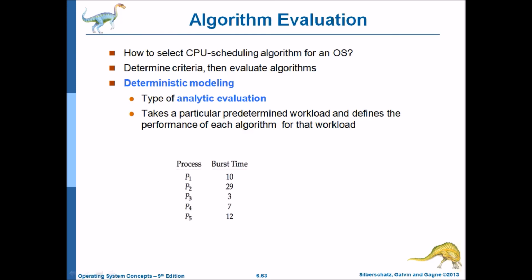Criteria are often defined in terms of CPU utilization, response time, or throughput. To select an algorithm, we must first define the relative importance of these elements. Once the criteria have been defined, we want to evaluate the algorithms under consideration. We next describe the various evaluation methods we can use.